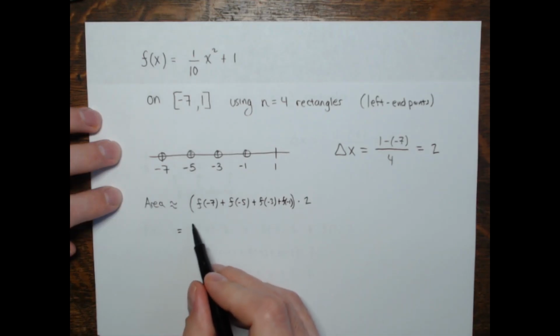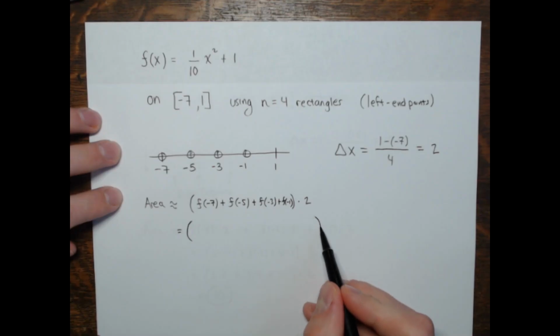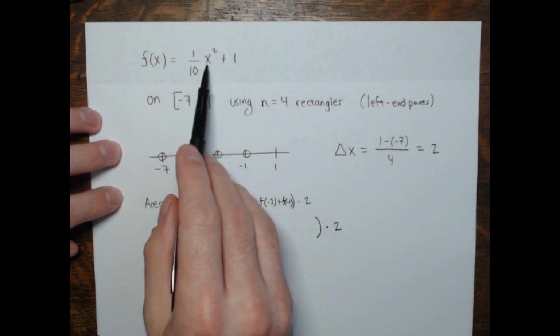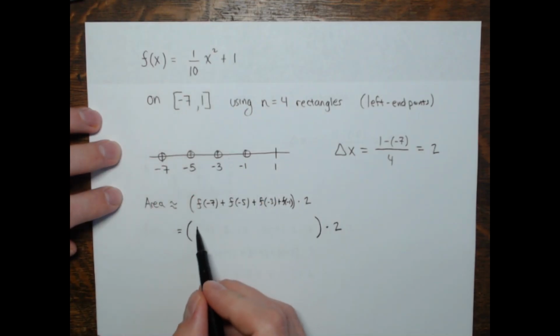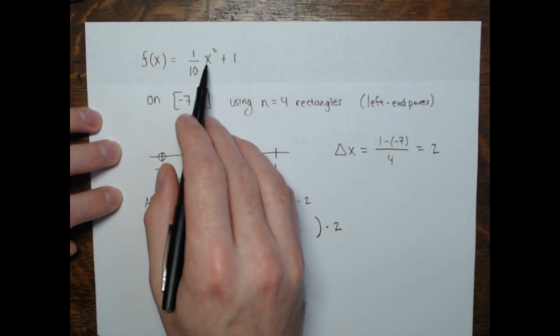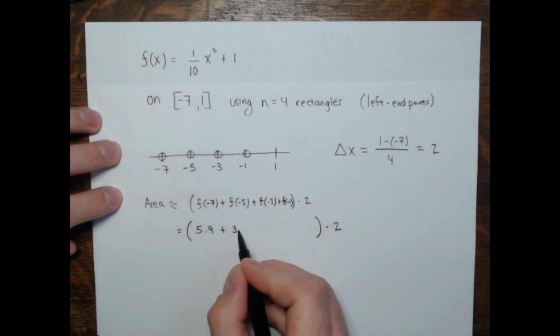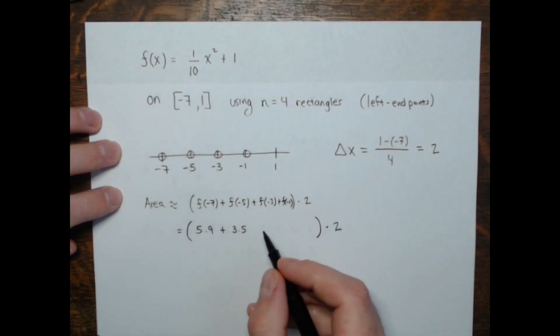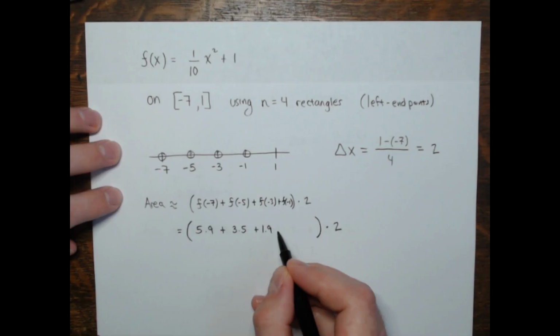All right, so let's get these. Now at -7, that'd be 4.9 plus 1, that'd be 5.9. At -5, 2.5 plus 1, 3.5. At -3, it'd be 0.9 plus 1, so 1.9.